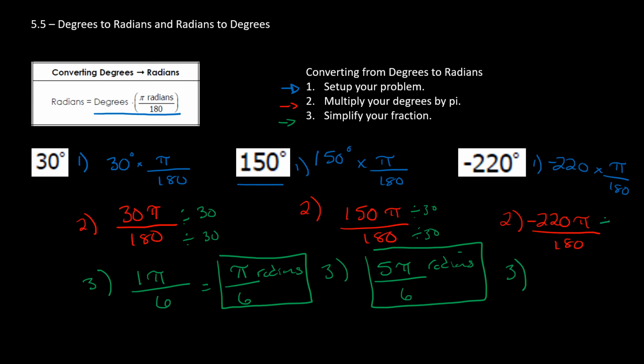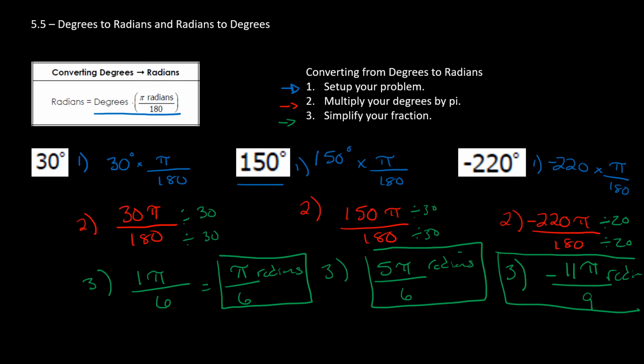They're both divisible by 20. So negative 220 divided by 20 is going to be negative 11 pi, can't forget that pi, divided by 180 divided by 20 is going to be 9 radians. And this is your solution.